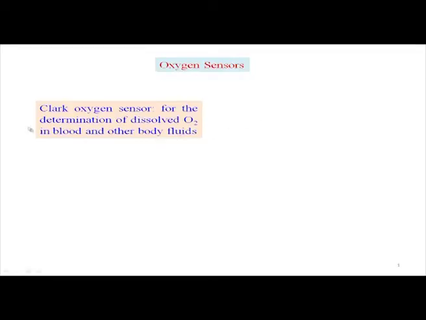This is one aspect, and another is how much oxygen is there in our blood and other body fluids. The dissolved oxygen in the blood is also important, because whatever oxygen you have is transported to the cells through hemoglobin and myoglobin. These are oxygen binding molecules, oxygen binding metalloproteins, because the metal iron is there.